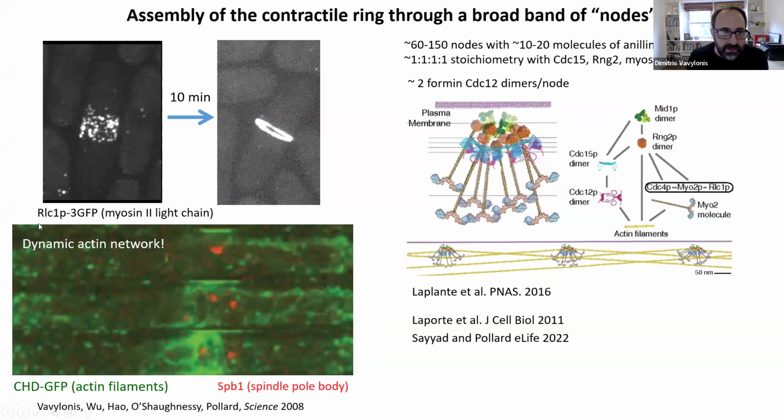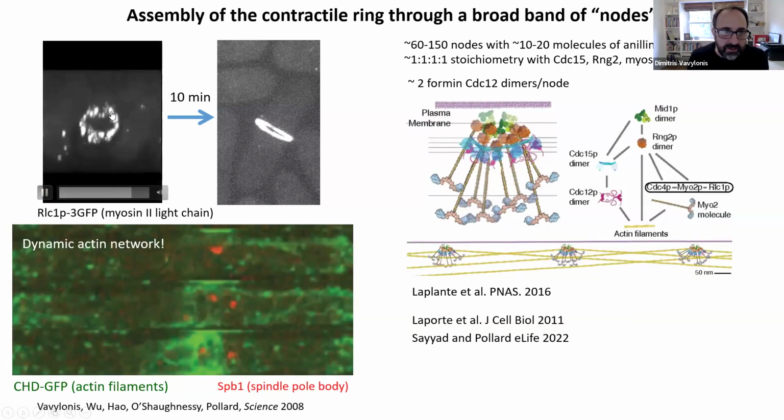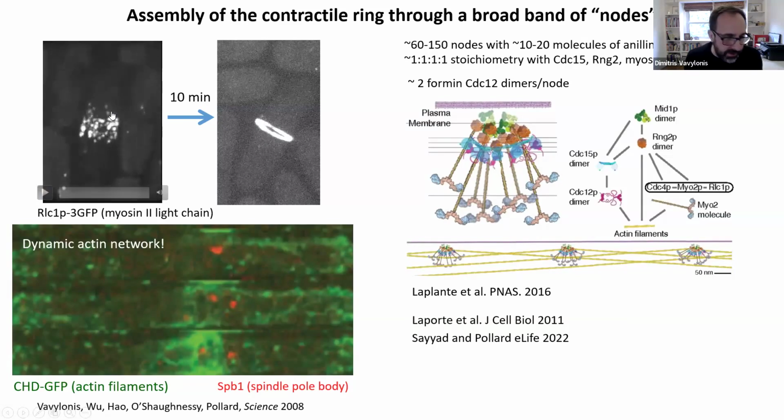So here, this is a yeast cell imaged by confocal microscopy. And what you see is that these myosin proteins assembled into this structure called nodes that form in the middle of the cell. These nodes come together into a ring when, during the cell cycle, the polymerization of actin is initiated in the middle of the cell.